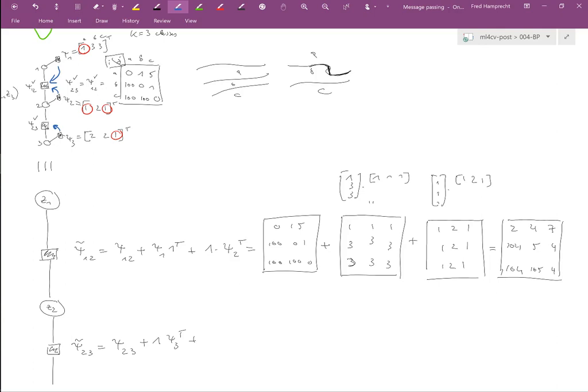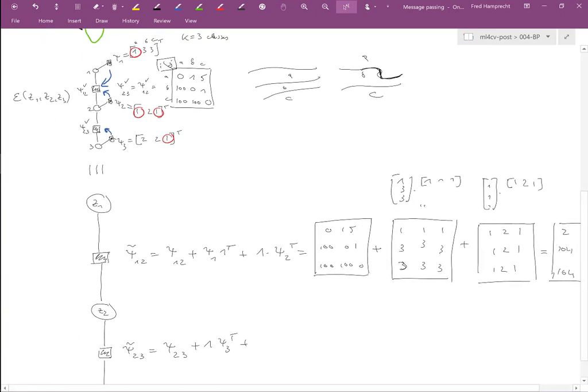No, it is not biased because the old energy function is exactly identical to the new energy function. So I have here now an energy function of Z1, Z2, Z3, which is psi12 tilde of Z1, Z2 plus psi23 tilde of Z2, Z3.